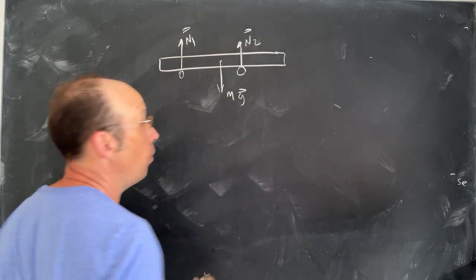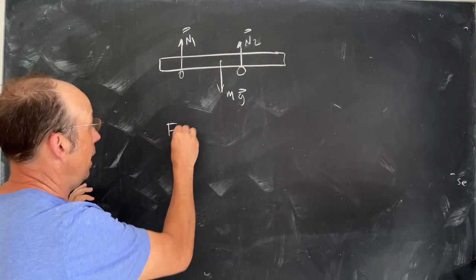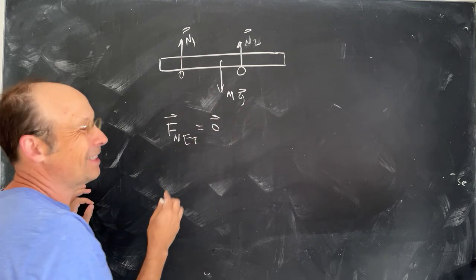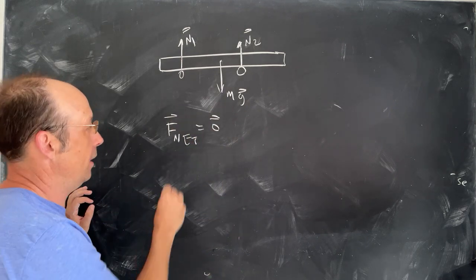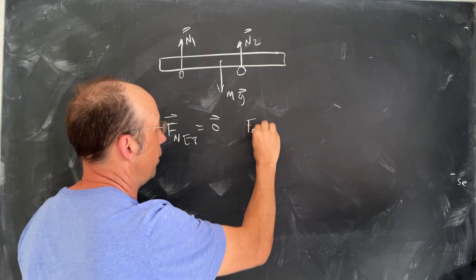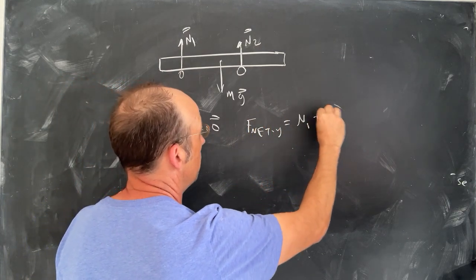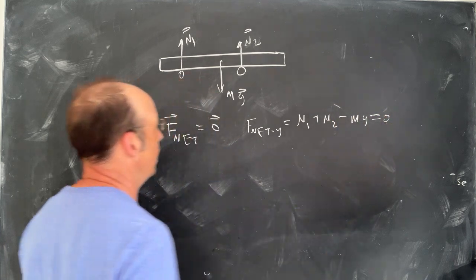So I know that it's in equilibrium, so the net force is 0. But in this case, I don't really care about the x direction. So F net in the y direction is going to be N1 plus N2 minus mg equals 0. But that's not that useful.